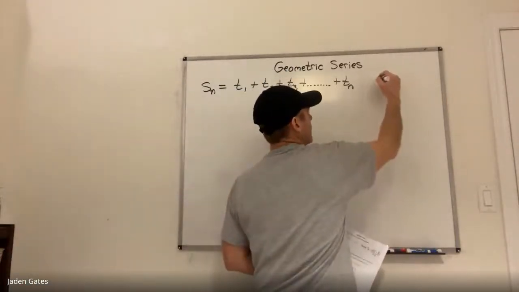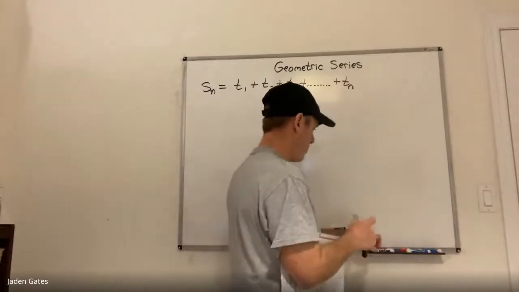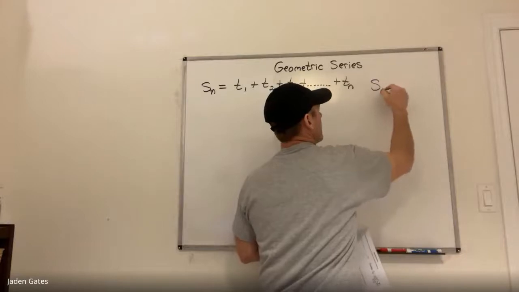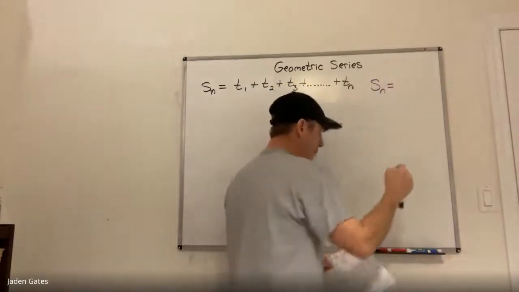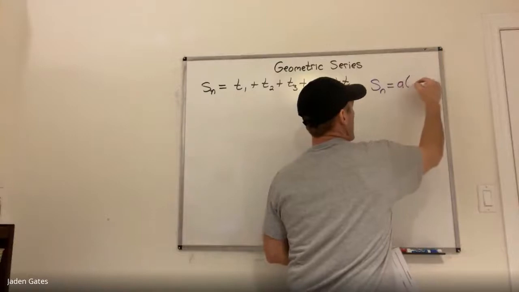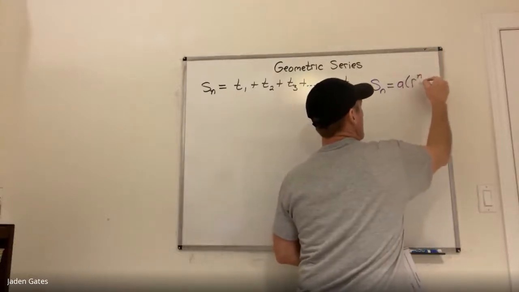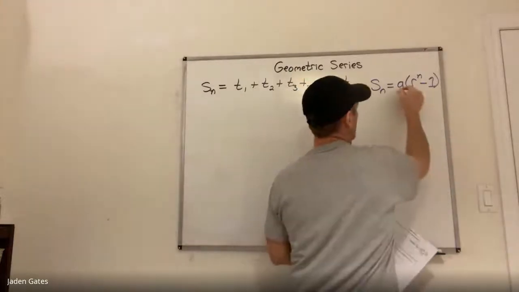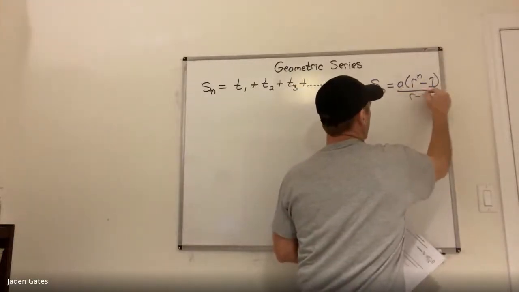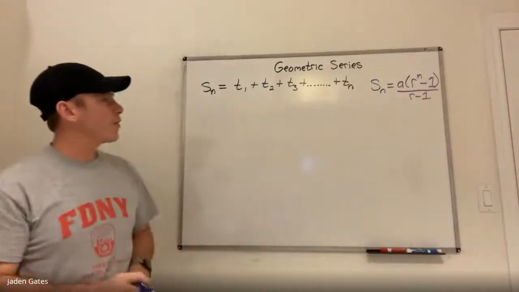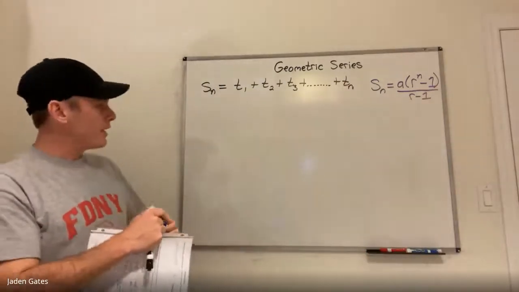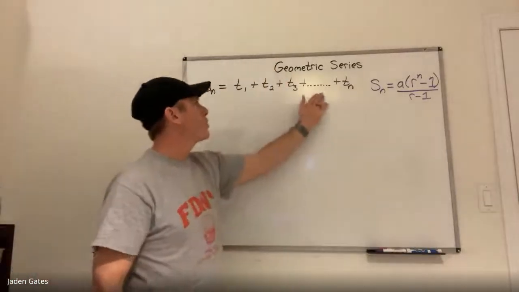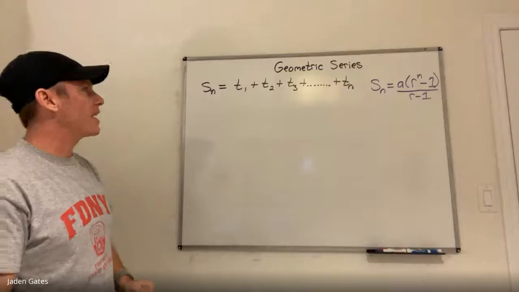And so our formula: Sn is equal to A, and then in brackets, R to the power of n, then minus 1, all over r minus 1. There we go. So there is our formula for finding the sum of a geometric series, which again is the total or adding up all the terms in that series.